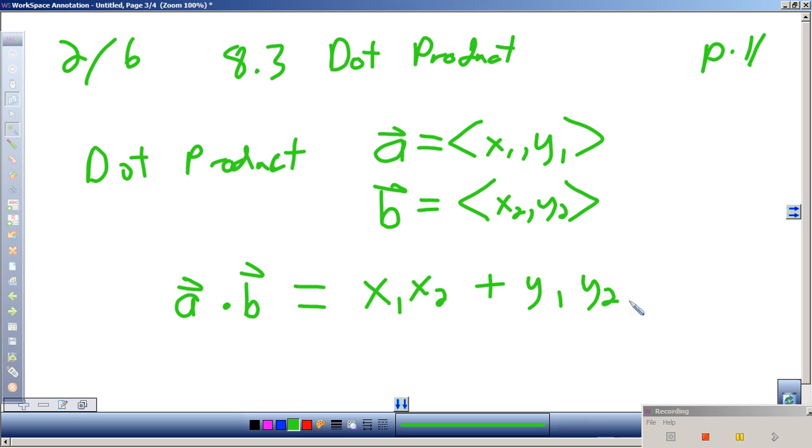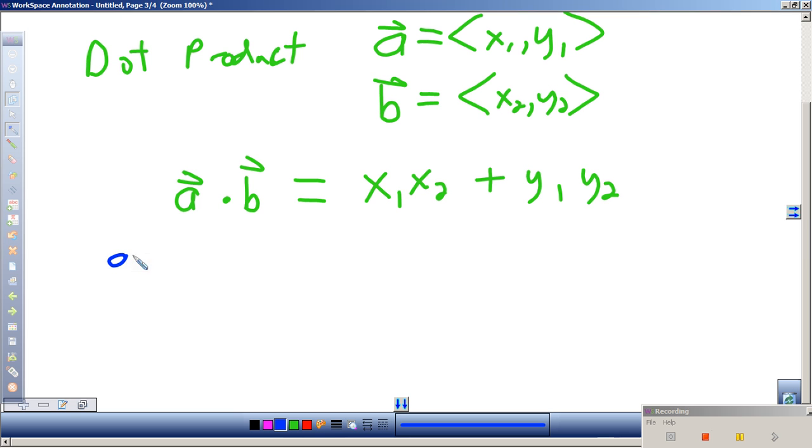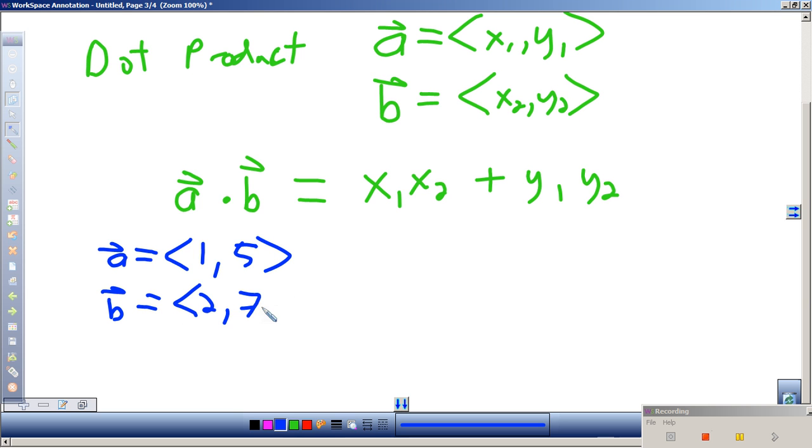Now looking at that, is this going to be a vector or scalar? It is a scalar, yes. So if we had, say, A is 1, 5, B is 2, 7, what is A dot B?